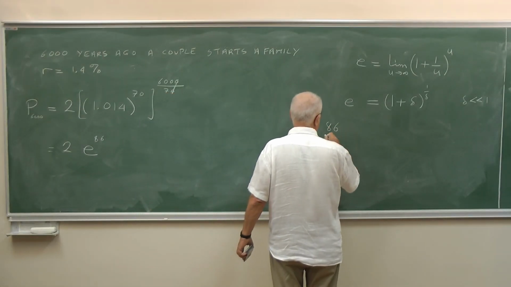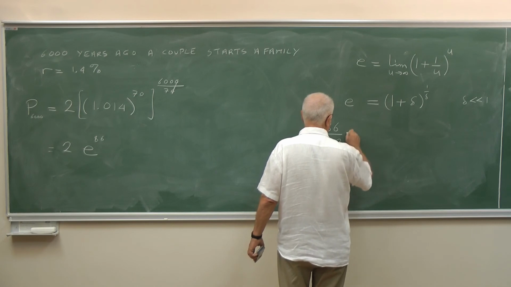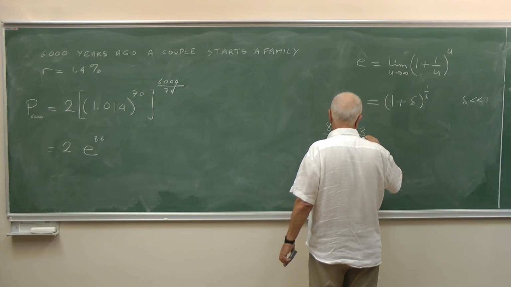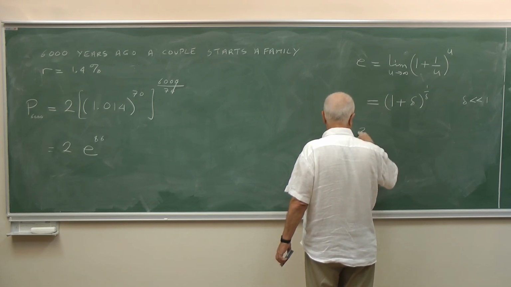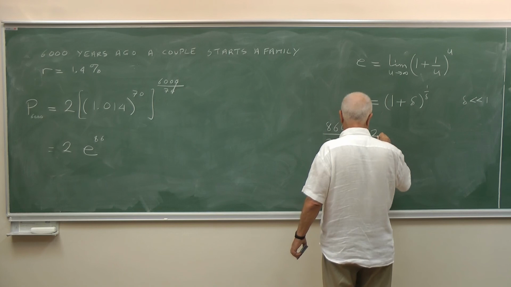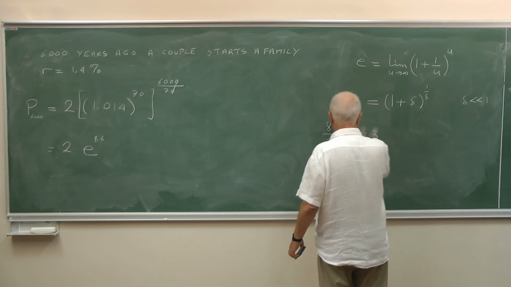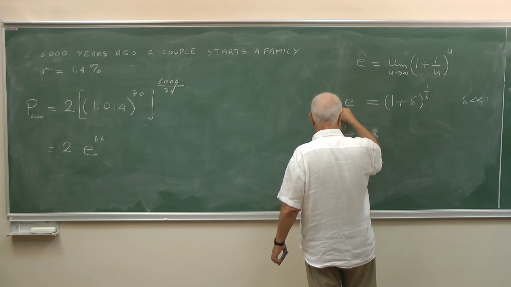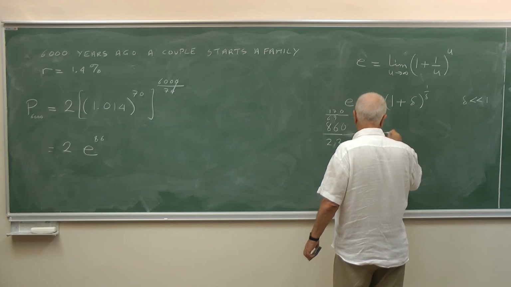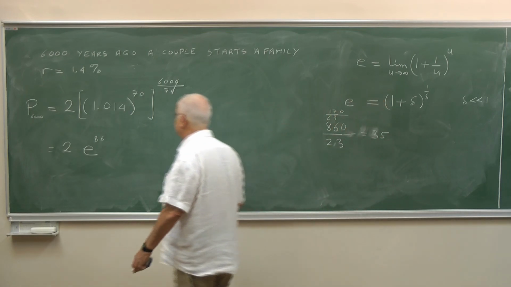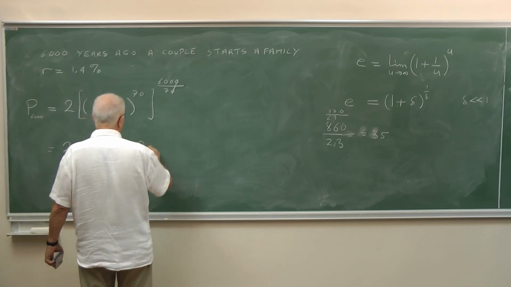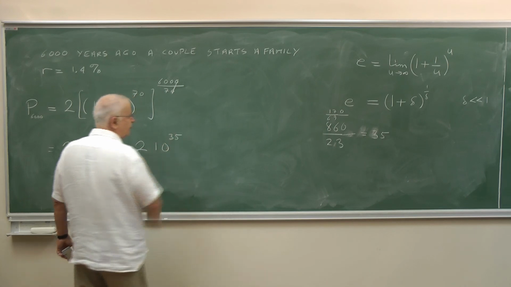Well, 86 divided by 2.3. This is 30 something. 35. It's close enough. So this is 2 times 10 to the 35.